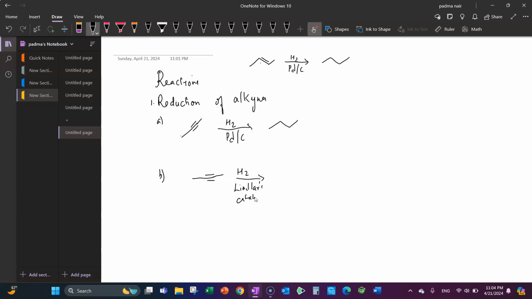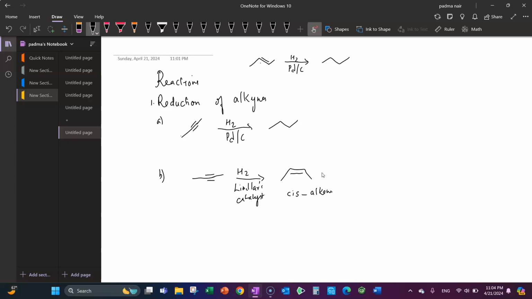Now Lindlar's catalyst acts as a catalytic poison, as a result of which you can stop the reaction at the alkene stage rather than taking it all the way to an alkane. And the other characteristic feature is that this will form a cis alkene.